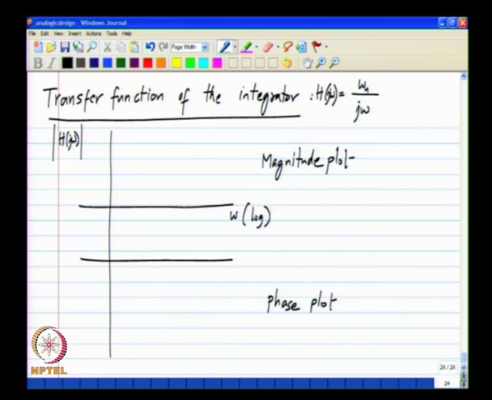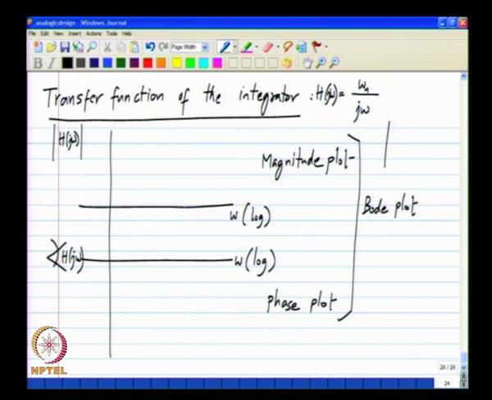This is what is plotted for a Bode plot, and similarly we plot the angle of h of j omega versus omega on a log scale. And the combination of these two is what is referred to as a Bode plot. Now, the magnitude is given by magnitude of omega u by j omega, which is simply omega u divided by omega.